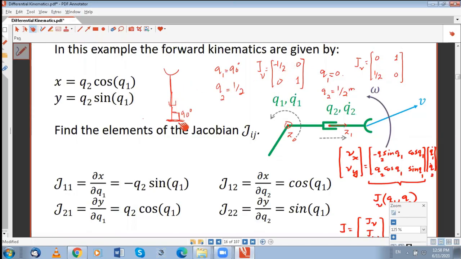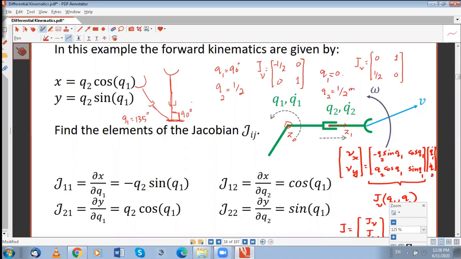Similarly, if you keep on changing it, let's say your theta 1, q1, becomes 135 degrees, positive, because we are going counterclockwise.